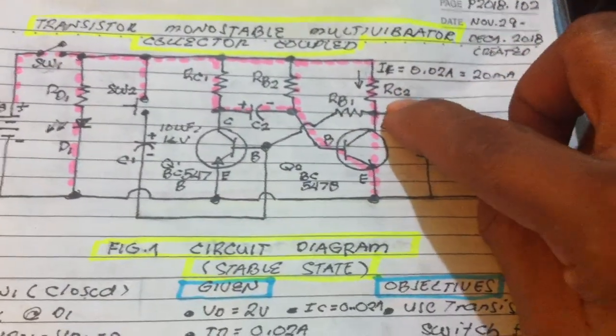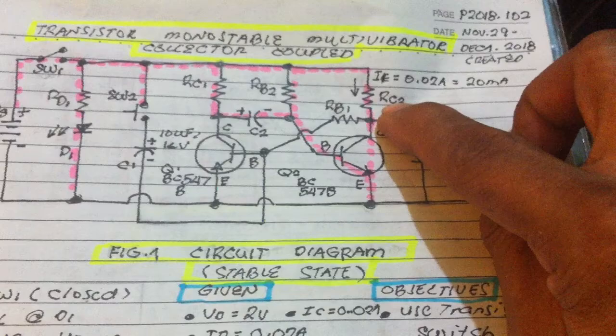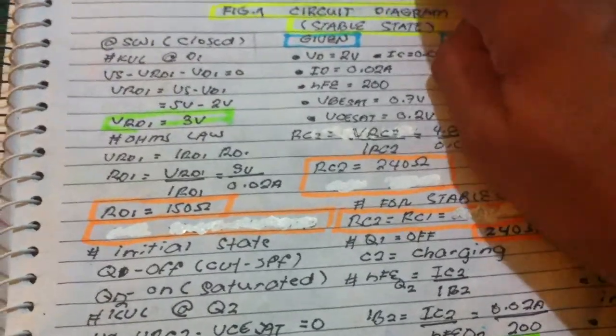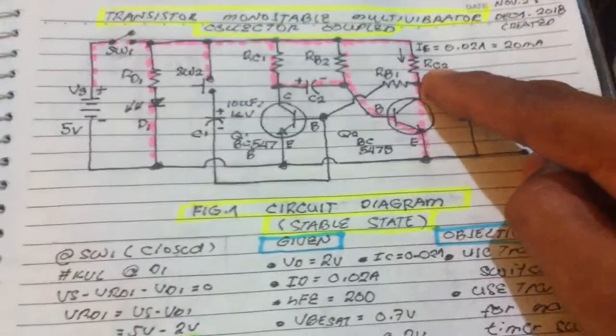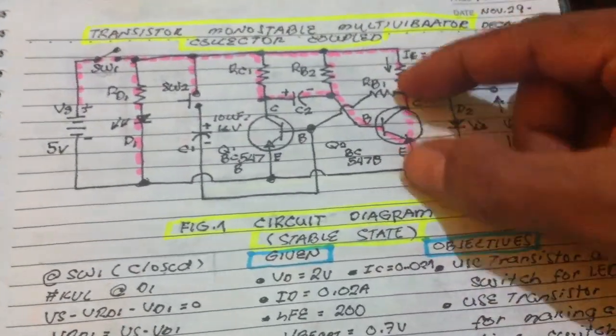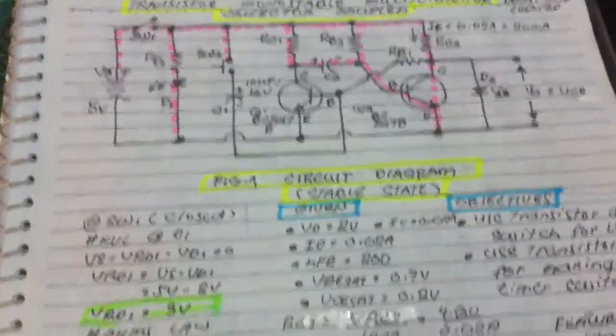We can compute the value of the resistor here using KVL. Voltage supply minus the voltage drop at the RC2 minus the voltage drop at the transistor collector-to-emitter junction.